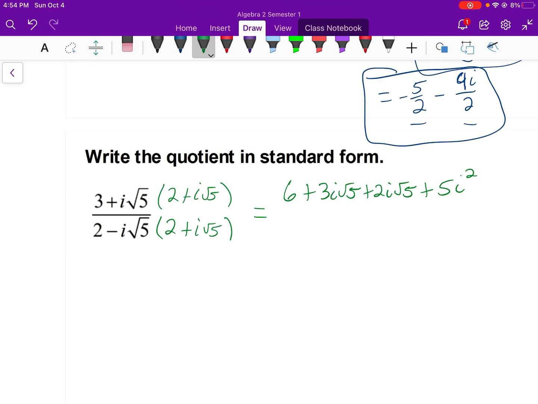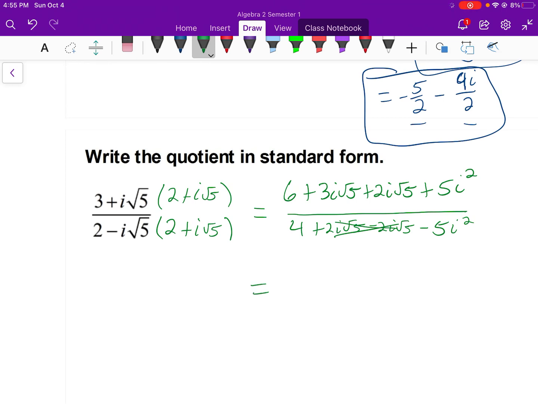Now we still have that i times i. Multiplying the denominator now, we're going to get 4 plus 2i root 5 minus 2i root 5 minus 5i squared. Those should cancel out again.